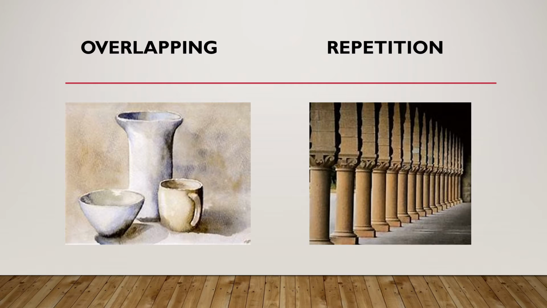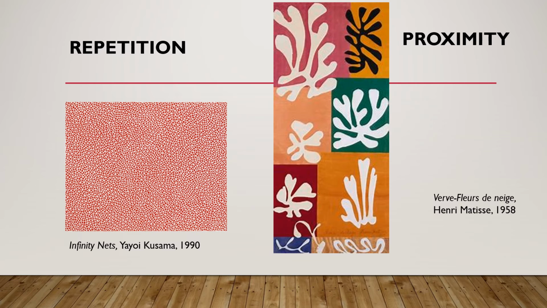On the right-hand side, those columns are actual columns, and the same exact column is repeated over and over again. So repetition can pull things together in unity. Overlapping items can pull things together and create unity.